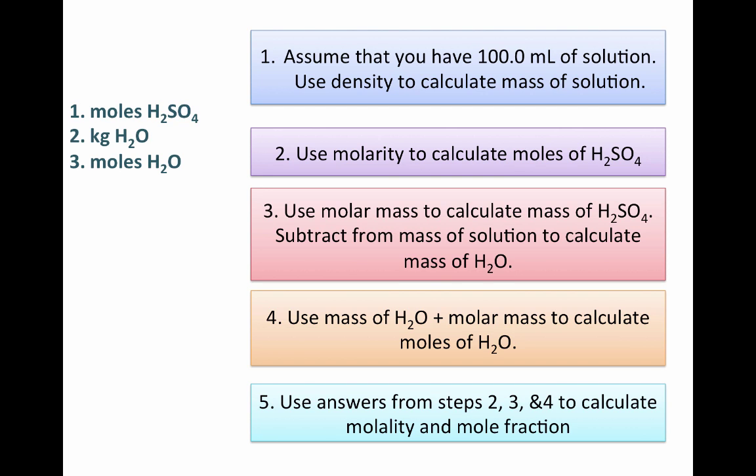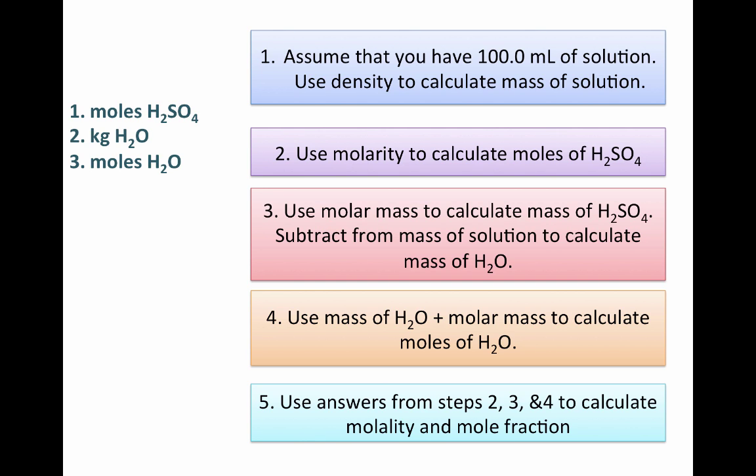Here's our plan. Once again, we're going to start by assuming that we have 100. Here, it's a little easier to use 100 milliliters, I think. You can do it with 100 grams, and you'll end up with a slightly different plan, but you'll end up with the same overall answers.